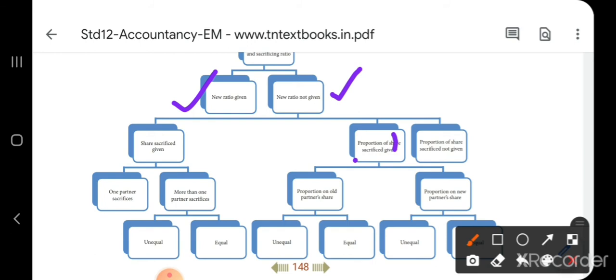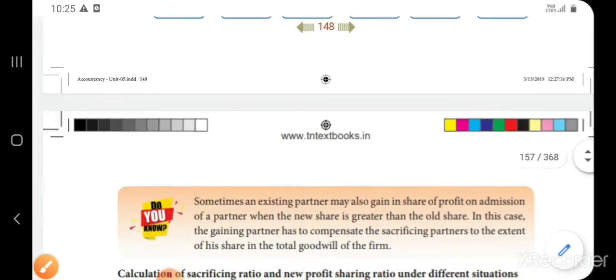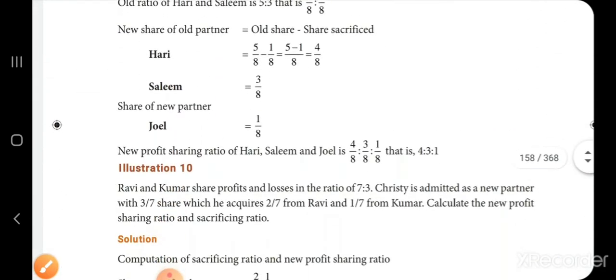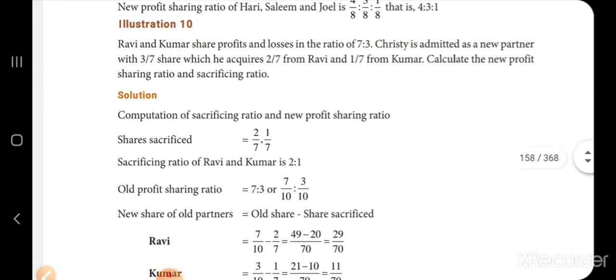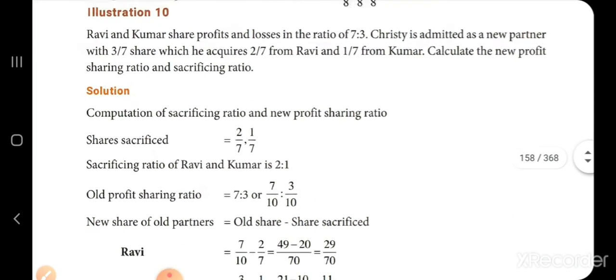That is the situation for illustration 9 and exercise 9. Now we'll see the situation where the new profit sharing ratio is not given and both the partners sacrifice one portion of their profits to the new partner. Now illustration 10 and exercise 10 are similar problems.